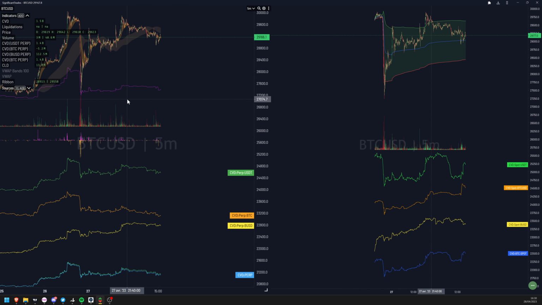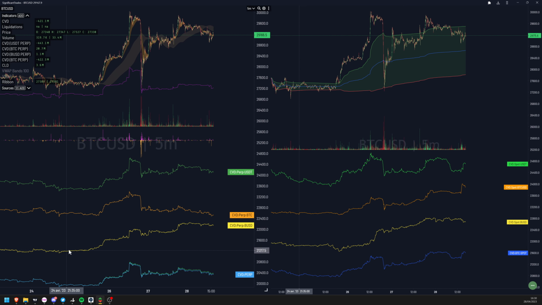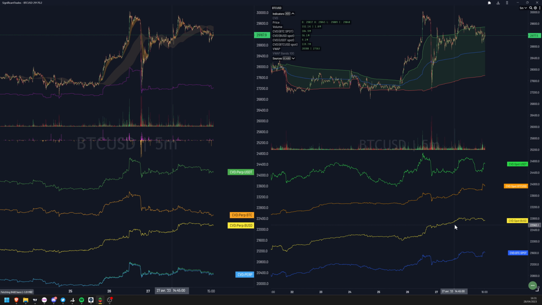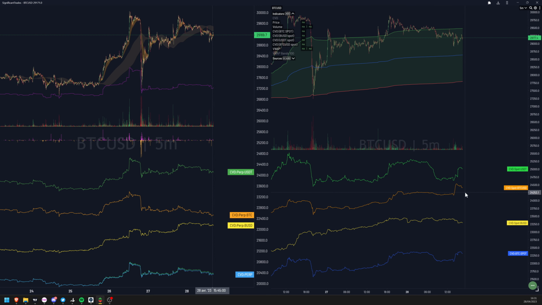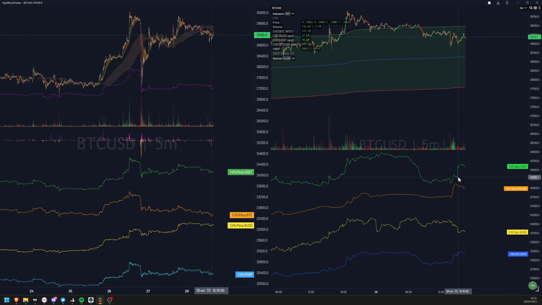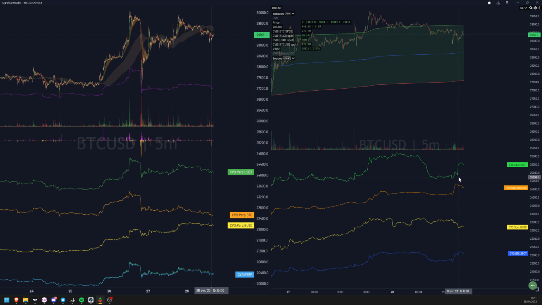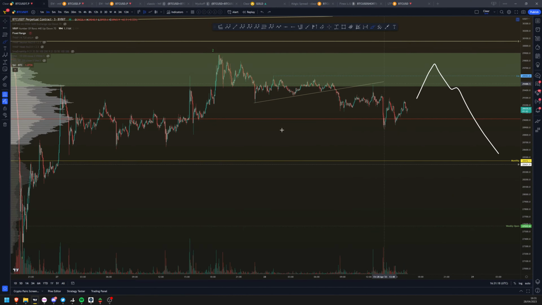It has been buying up a lot on perpetual and on spot as well, been the one selling the least here. Significant sell on USDT pair on spot, but picking up here. A bit of liquidity gain here.